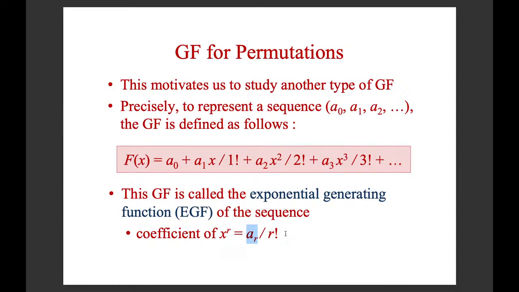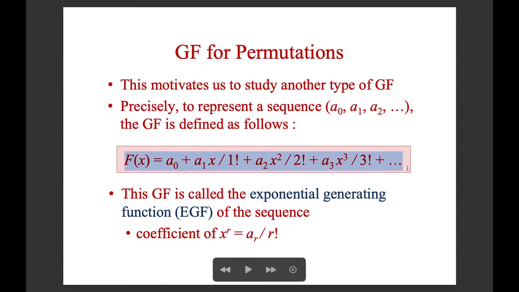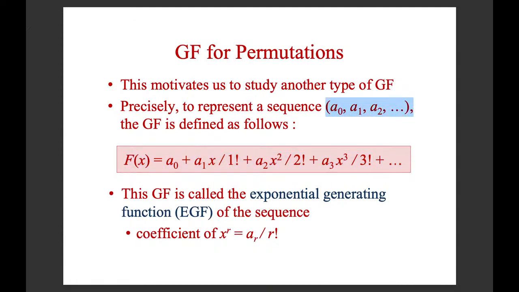So the term x to the power r is not representing the original term Ar, but a modified term, Ar divided by r factorial. We call this an exponential generating function of the sequence. So f(x) is called the exponential generating function for this sequence. And we will see that the exponential generating function is exactly what we want for counting in the permutation problem.